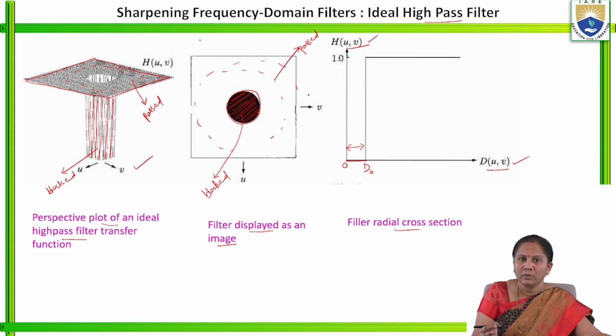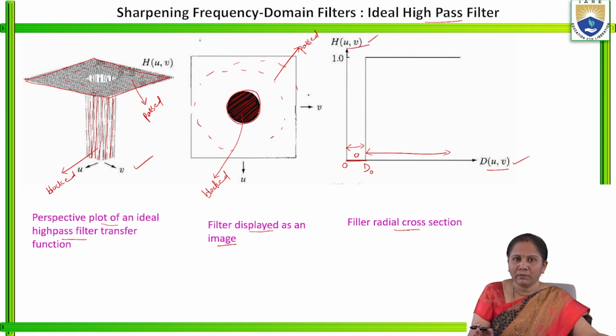So the value of frequencies that are below D naught is 0, and the frequencies that are above D naught, the cutoff frequency, are considered higher frequencies, and all these higher frequencies will be passed because it is a high pass filter. That means after the cutoff frequency, the other frequencies are called higher frequencies, which is represented as 1.